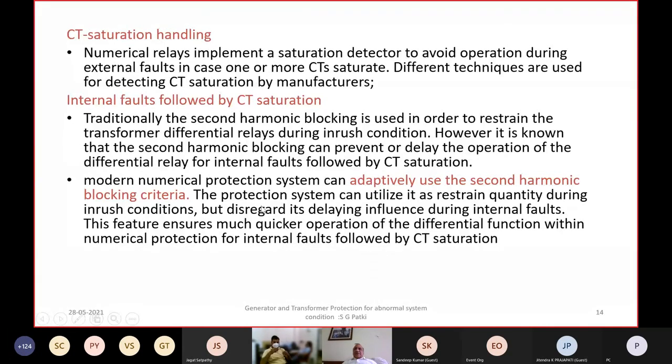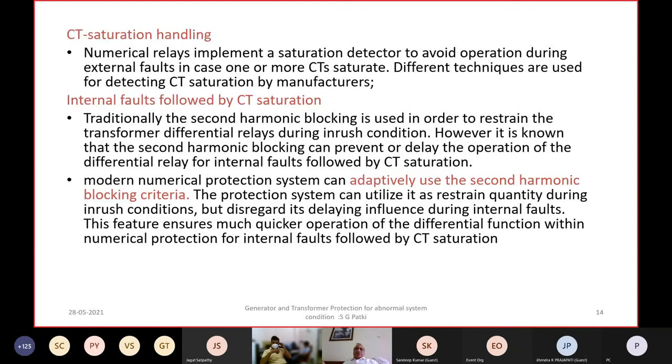With the reduction in CT specification in terms of knee point voltage, magnetizing current, and transient response, you are allowing the CT to saturate, but the numerical relay then has to take a trip decision before the CT goes into saturation.